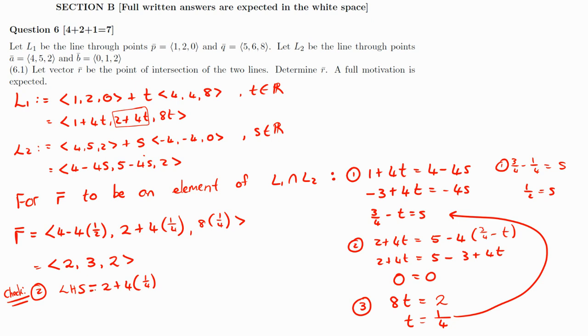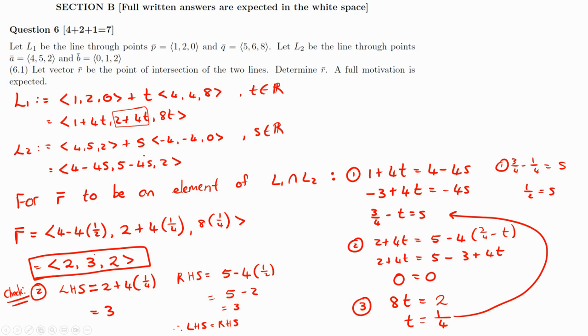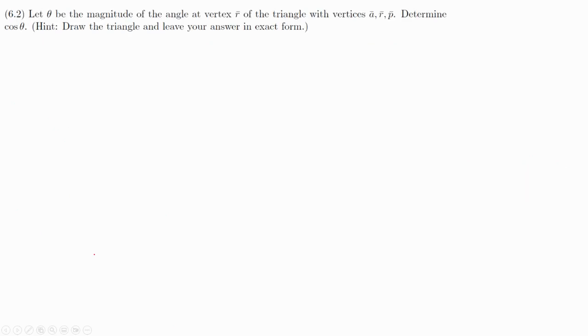So our left-hand side is equal to 2 plus 1, which is 3. And our right-hand side is equal to 5 minus 4s, and this is a half. So this will be 5 minus 2, which is 3. So left-hand side does equal our right-hand side. So this actually works. This is our final answer. 2, 3, 2 is the point of intersection.